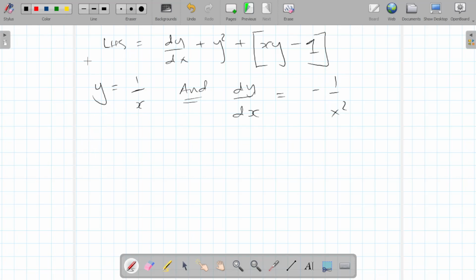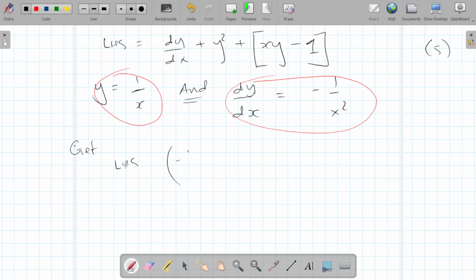So substituting y equals 1 over x and dy by dx equals minus 1 over x squared into the right-hand side of this equation, which we'll go back and call equation 5 because that hasn't really changed, we get, on substitution of y and y prime, or dy by dx, the left-hand side.